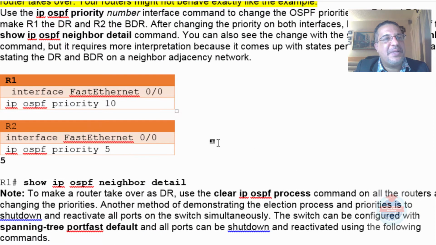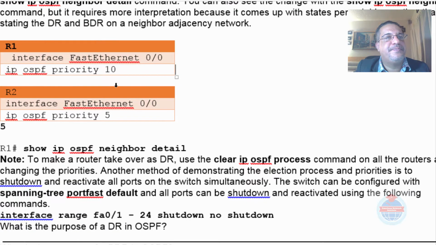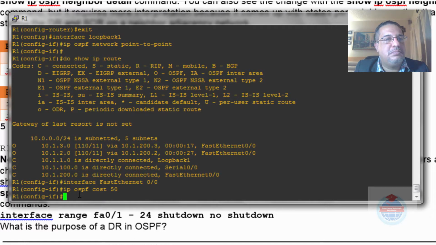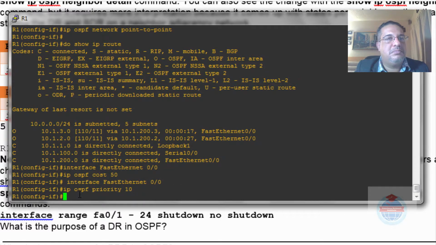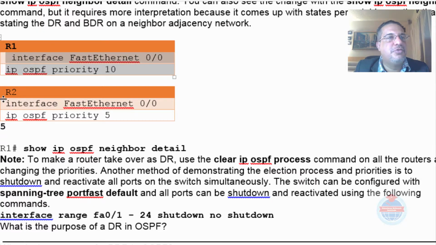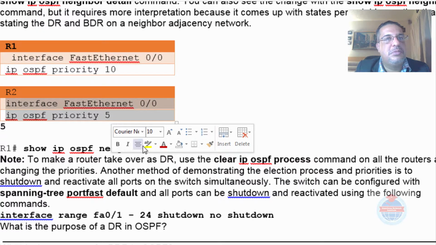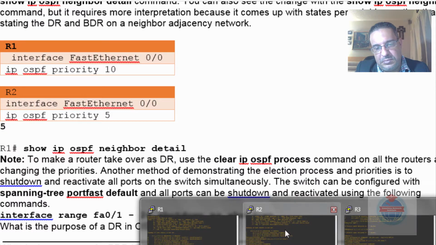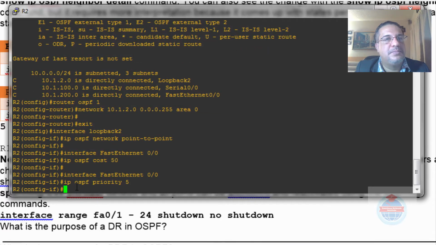So let's apply this on each one of the interfaces. On R1, on R2, excellent.